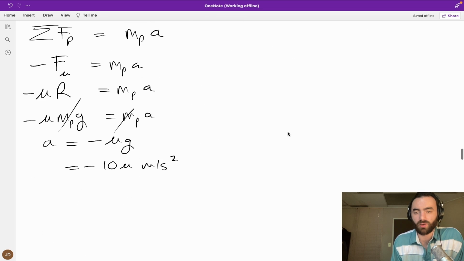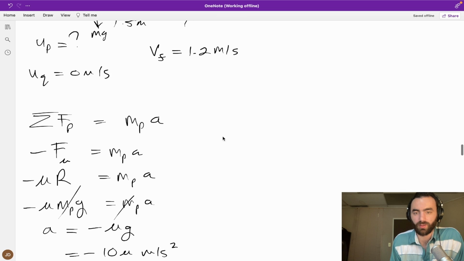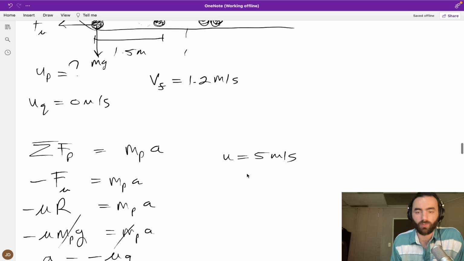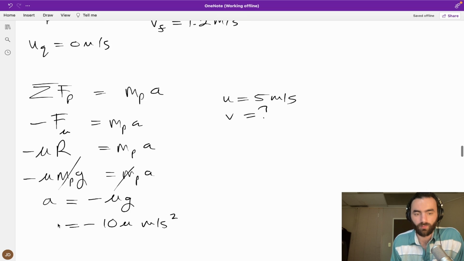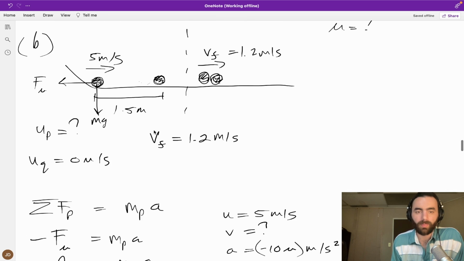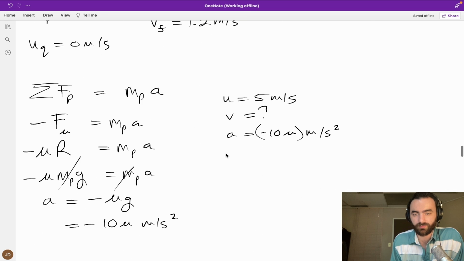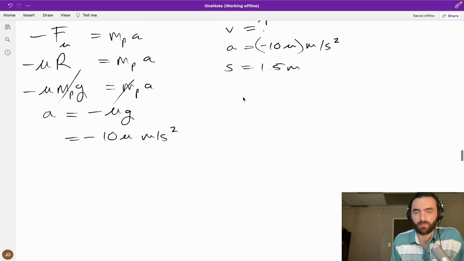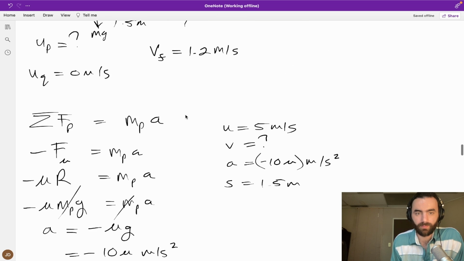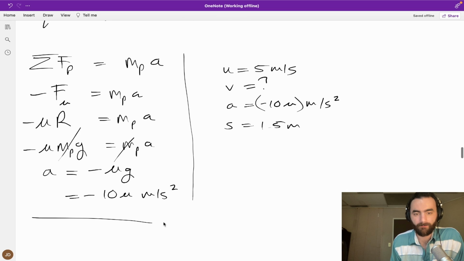So we have the acceleration, we have the initial velocity, which is 5 meters per second, we want the final velocity, and we have the displacement of this object, which is 1.5 meters. So we can say that v squared equals u squared plus 2as.